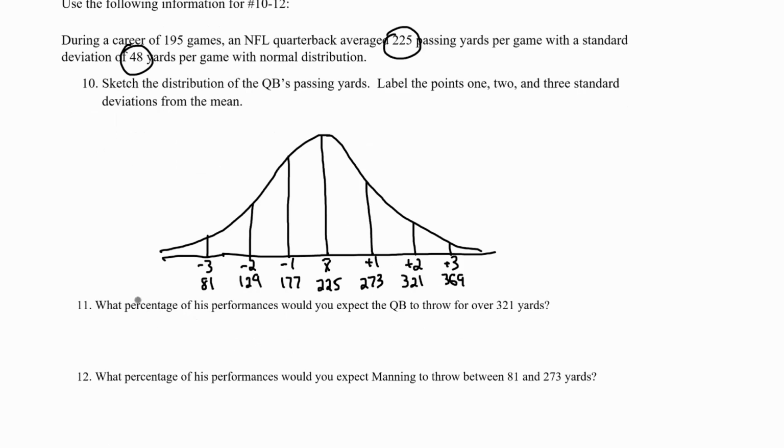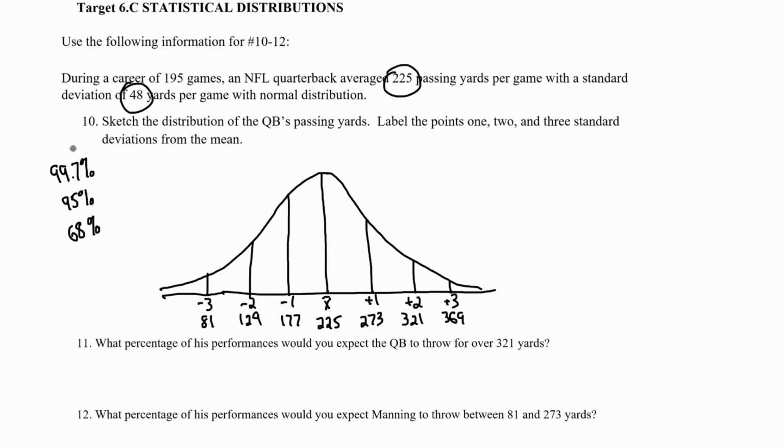Now, as we move a little bit lower, questions 11 and 12 are asking for percentages regarding some of the information. So, if I'm dealing with percentages, I'm going to use my three standard given percentages for normal distributions. These three percentages will be broken up to find all the different spots right here. For example, 68% is the difference between one standard deviation below the mean and one standard deviation above it.